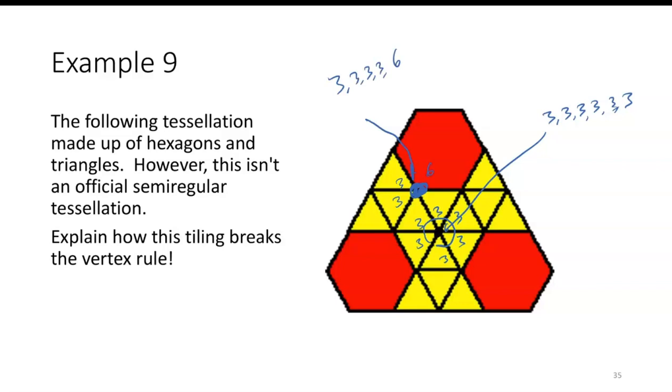So we're getting different names depending on which vertex you choose. And that breaks the rules because the vertices should all be the same. But you can see that we have two different ones here. So this is not an official semiregular tessellation. It is a tessellation, but not a semiregular one.